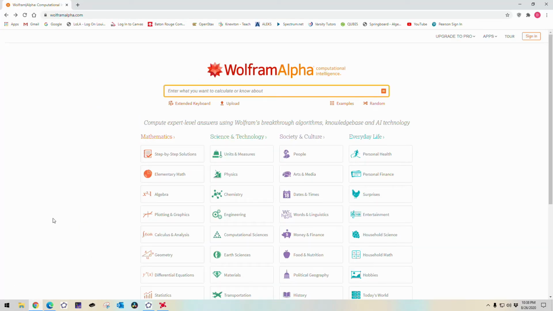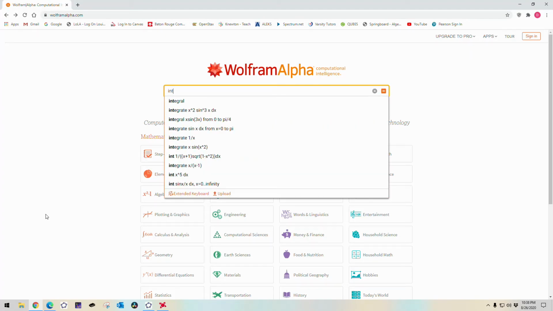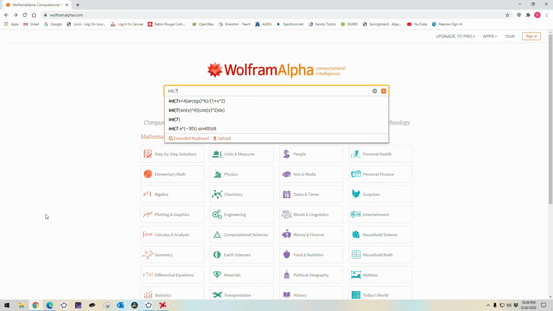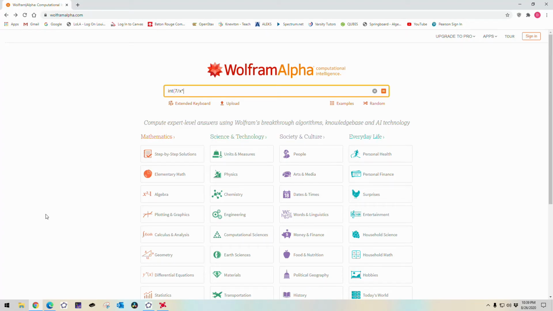Let's go with Wolfram Alpha first. So if I'm going to integrate that, I'm going to type integrate, right? And then I've got 7 over x to the 11. Notice I use the little caret marker, which is above the 6, times, and I'm going to do arc sine like this.